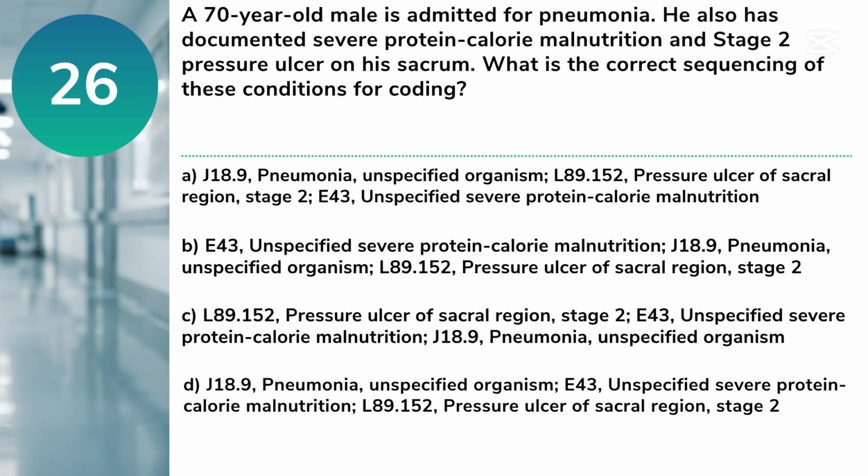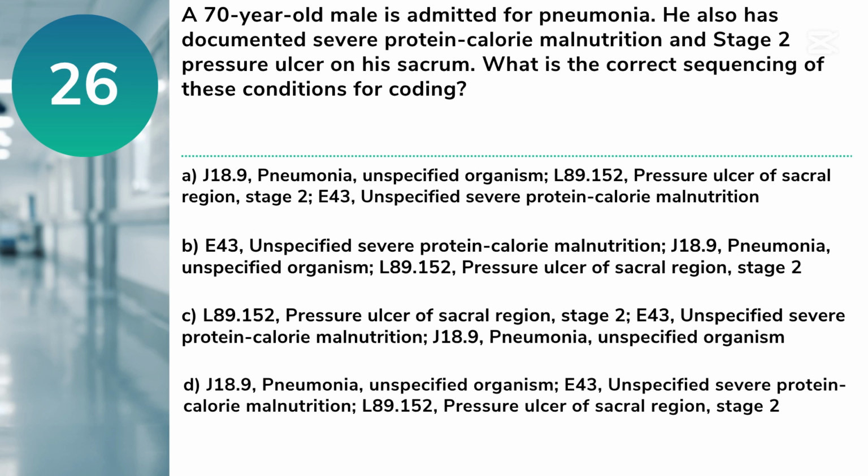L89.152, pressure ulcer of sacral region, stage 2, E43, unspecified severe protein-calorie malnutrition, J18.9, pneumonia, unspecified organism.